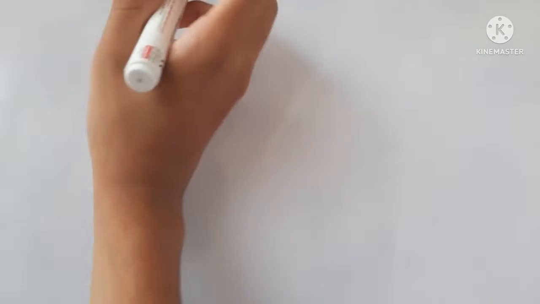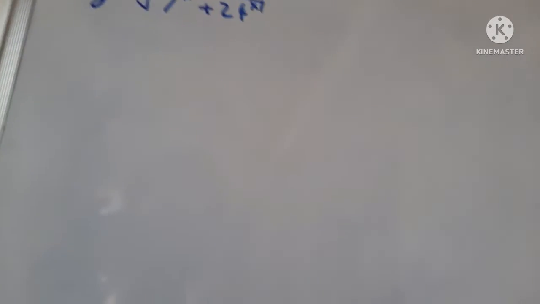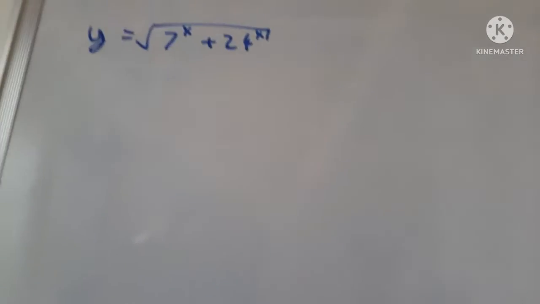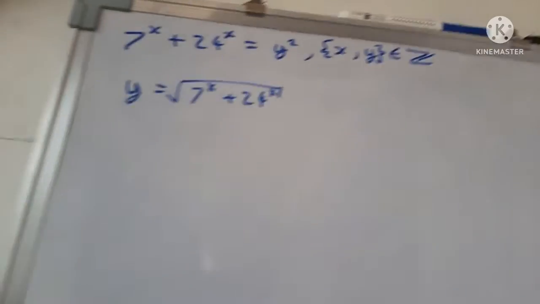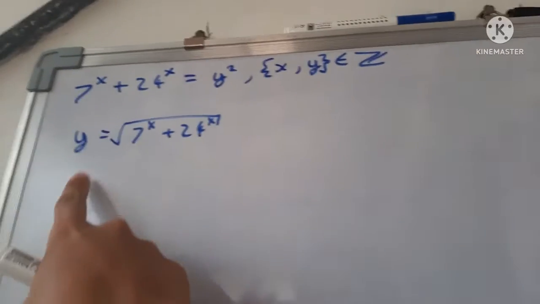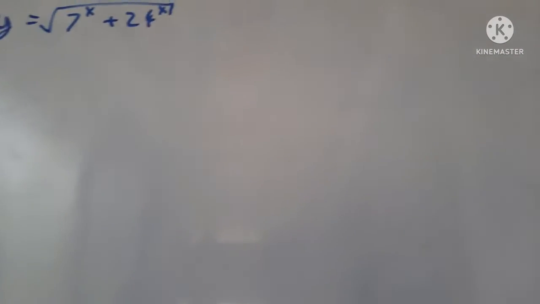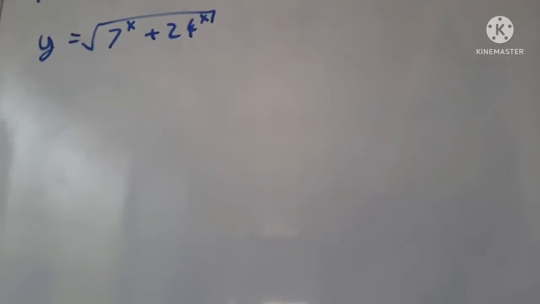Okay, so that's the form of one of the numbers, right? But both of them are integers. So for this to be an integer, no, not y.